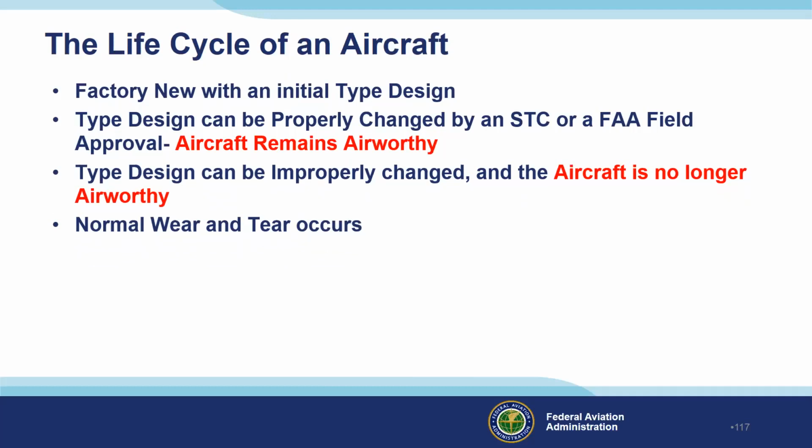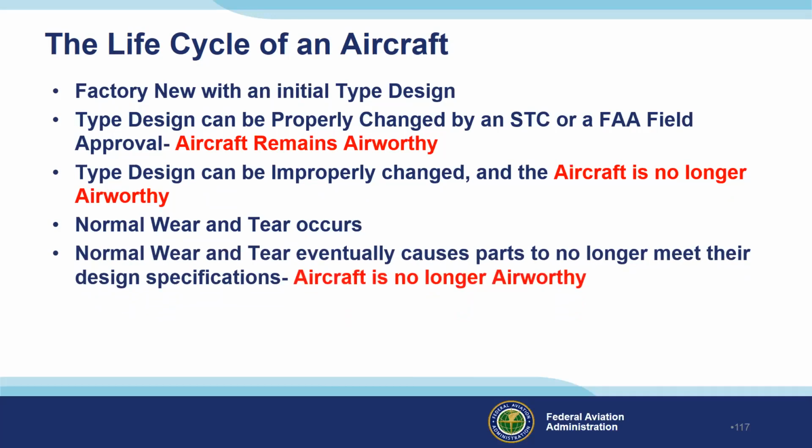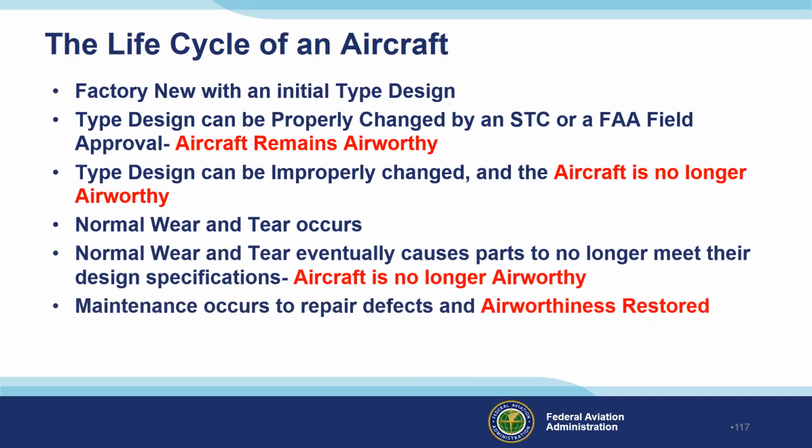Normal wear and tear occurs. Eventually, that causes parts to no longer meet their design specs. Aircraft is no longer airworthy. Maintenance occurs to repair the defects and the airworthiness is restored. That's where you come in.